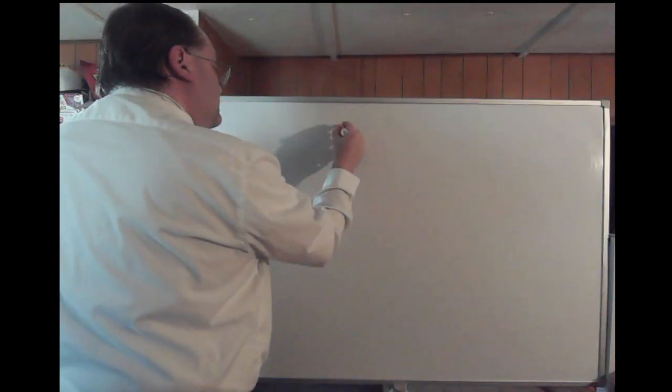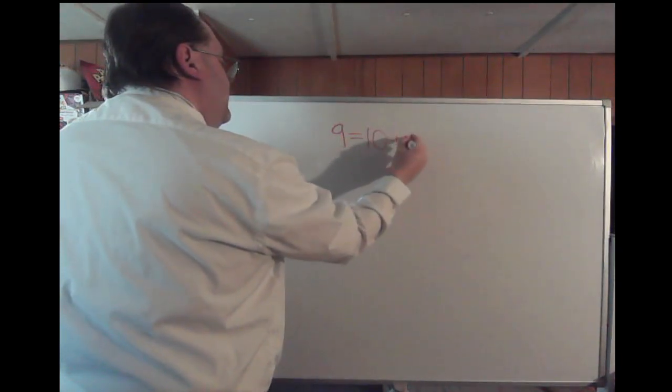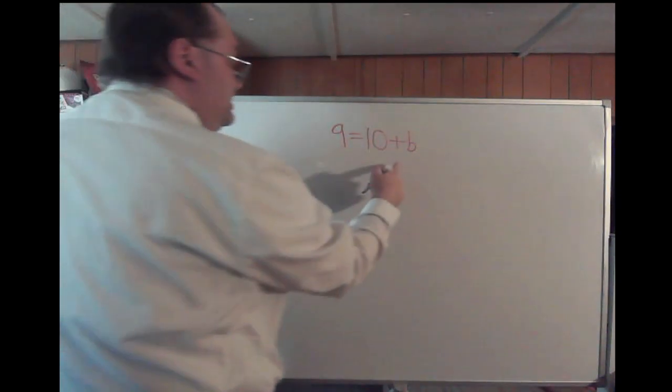Alright. Let's see. How about we have 9 equals 10 plus b. So you may also see variable equations written this way.